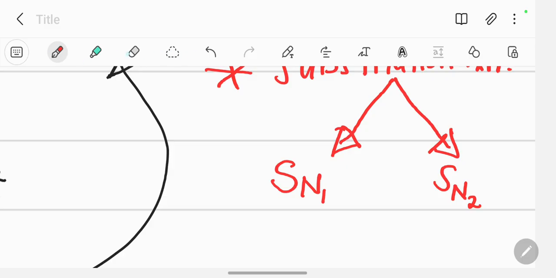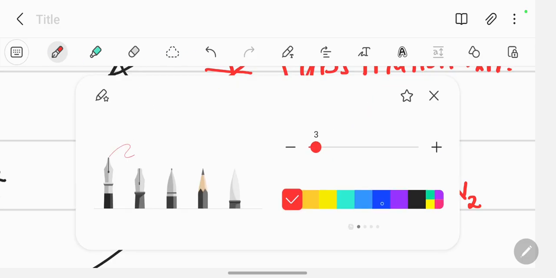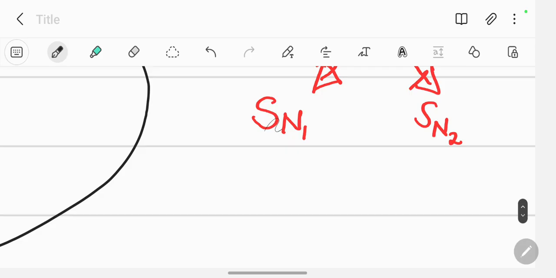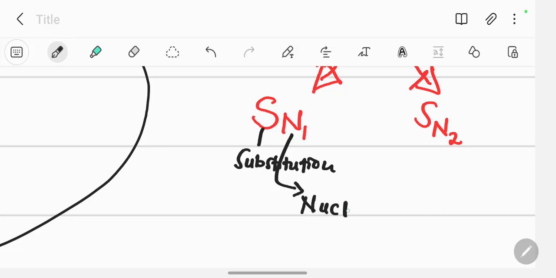So we shall try to explain something here. This S stands for substitution, and that N stands for nucleophilic. That one is substitution, and this is nucleophilic.